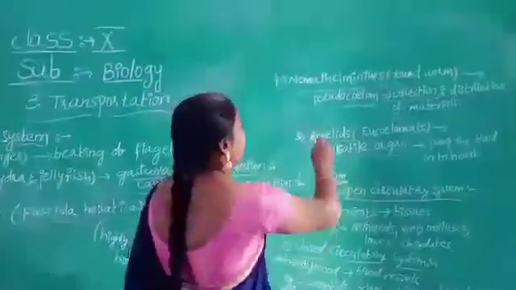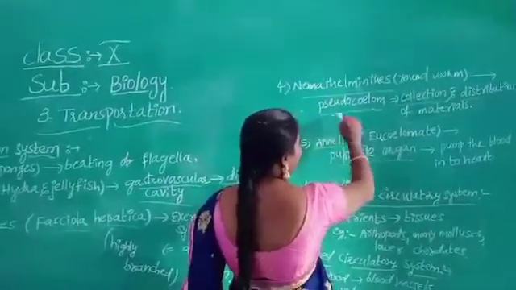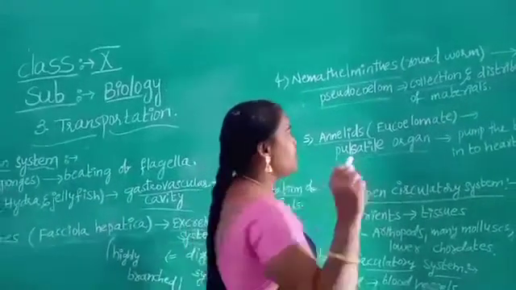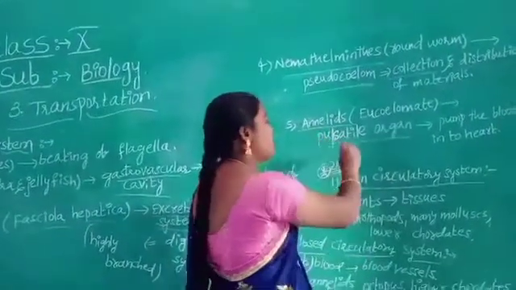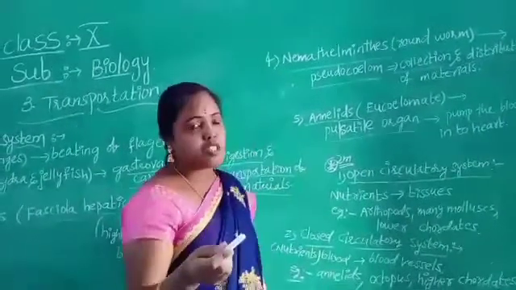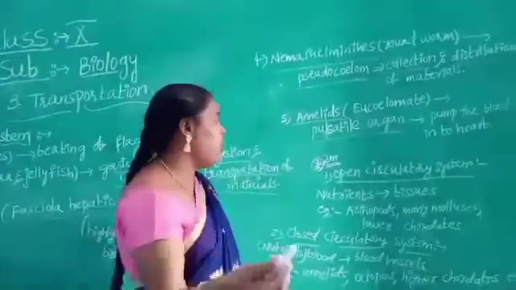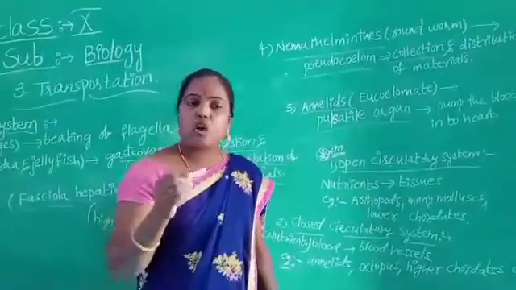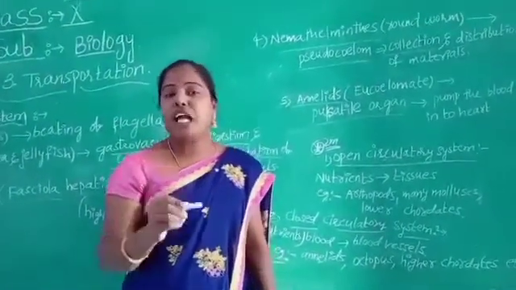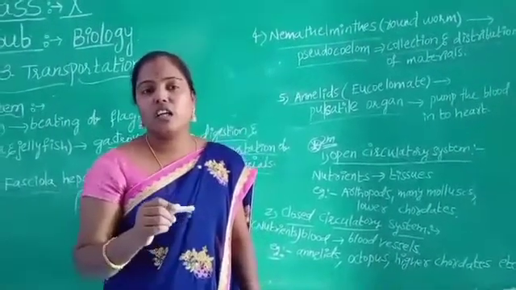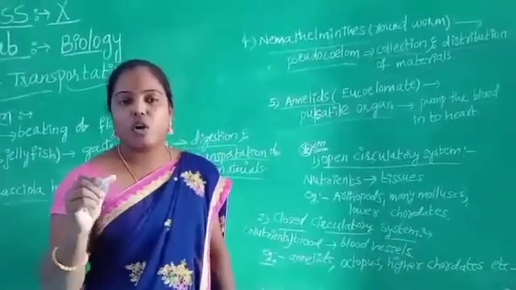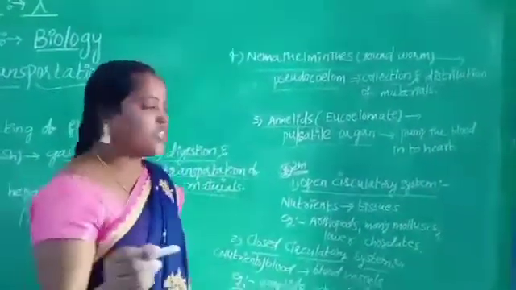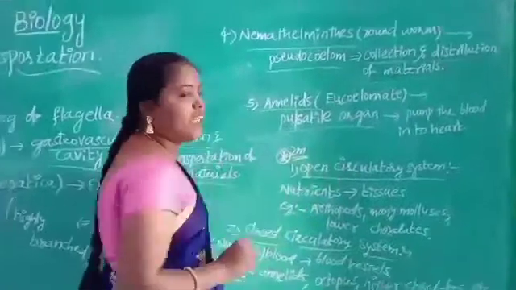Fourth one, roundworm, which contains a special organ that is pseudocoelom, which is responsible for collection and distribution of material, and then its pulsatile organ is responsible to pump the blood into the heart. So this is about the different special organs which are present to carry the transportation process in the different types of unicellular organisms.